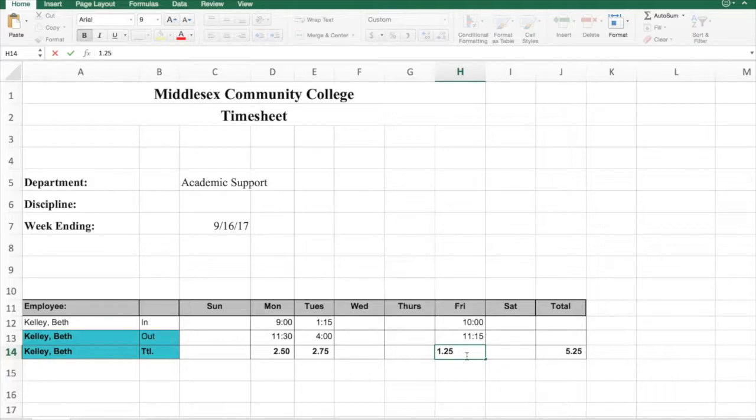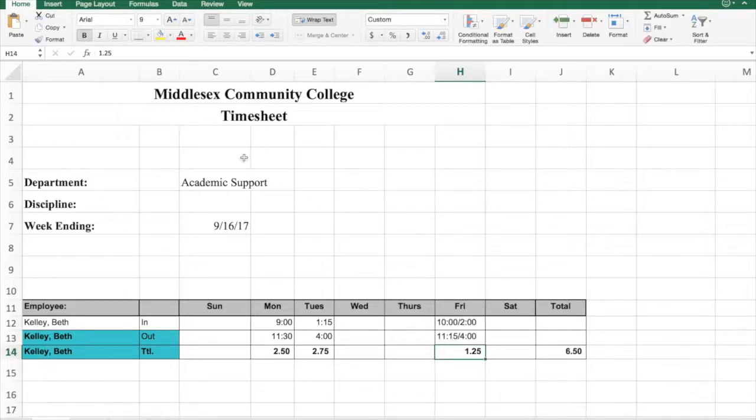However, let's say that on that same day, you then come in to work from 2 to 4. So the way we would do that is we would go back to the inbox. We would put in 2 o'clock for the time in, and for the time out, you would keep the 11:15, put a slash, and then 4 o'clock for the time out.